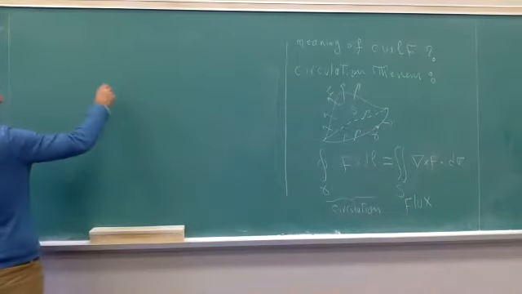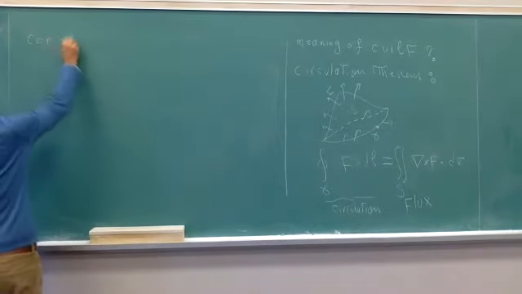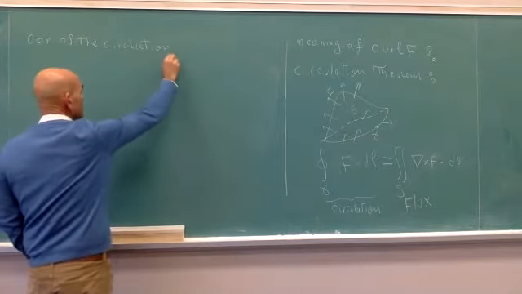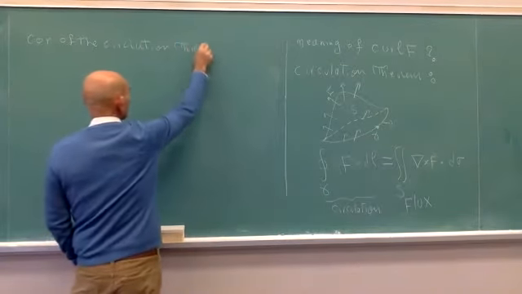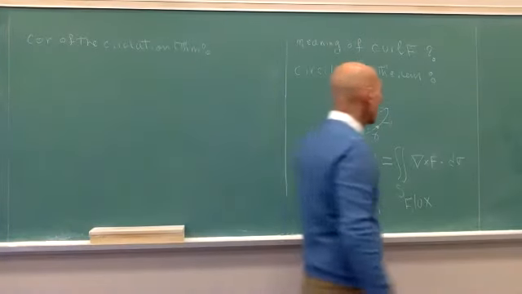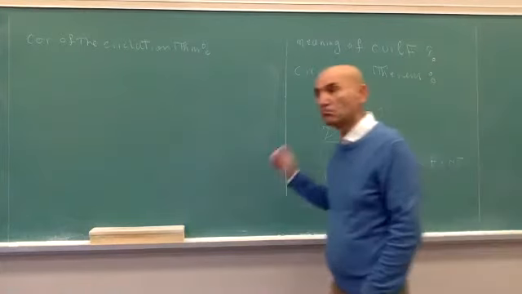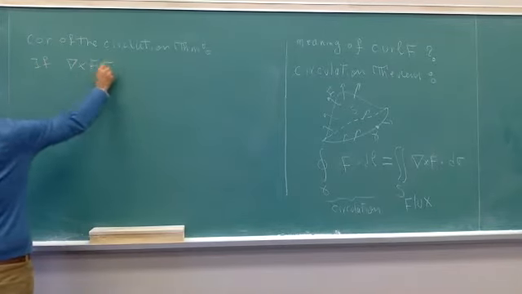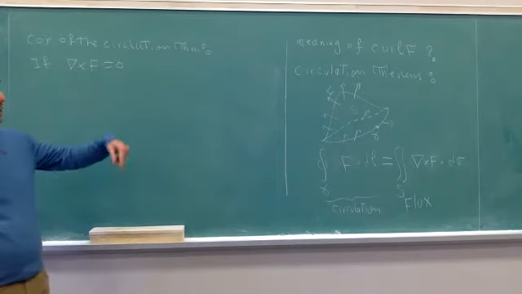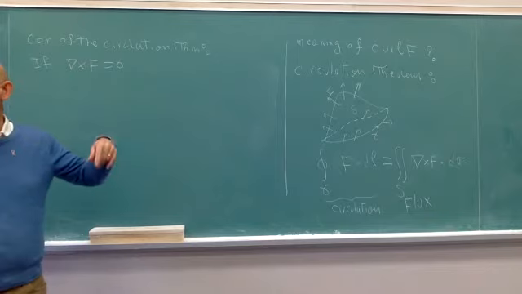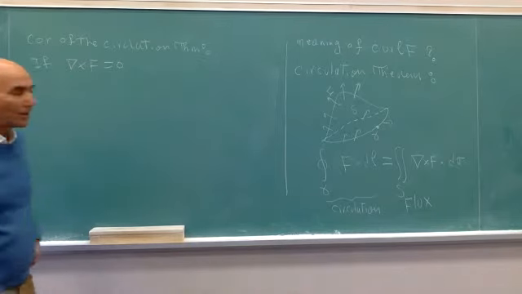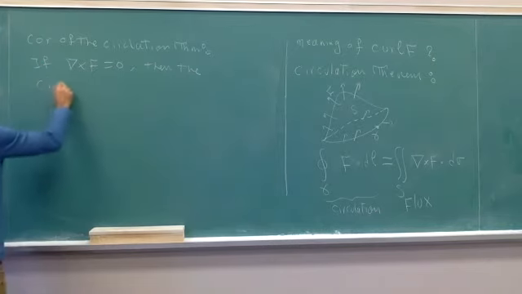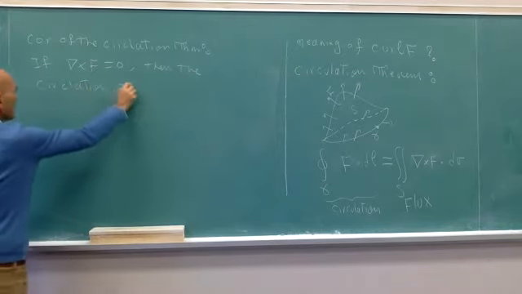So the corollary of this circulation theorem is this: if by any chance curl of F is equal to 0, then the circulation along any curve is equal to 0.